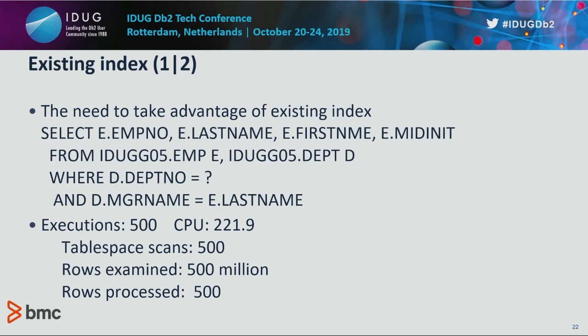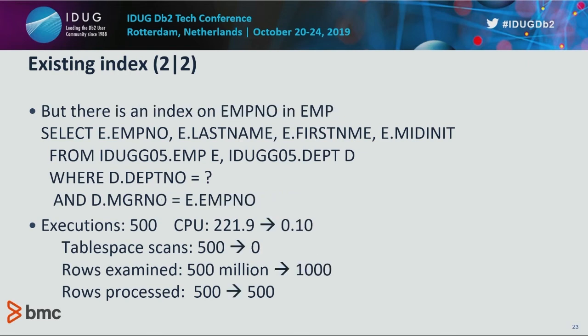It does turn out that I could change that query to take advantage of an existing index. Instead of using manager name, I can use manager number from the department and match that with the employee number that does have an index. And so there's a big difference here. Still 500 executions, but instead of 3 to 4 minutes, it's a tenth of a second.